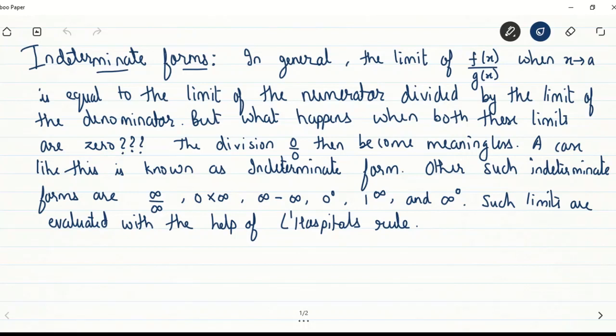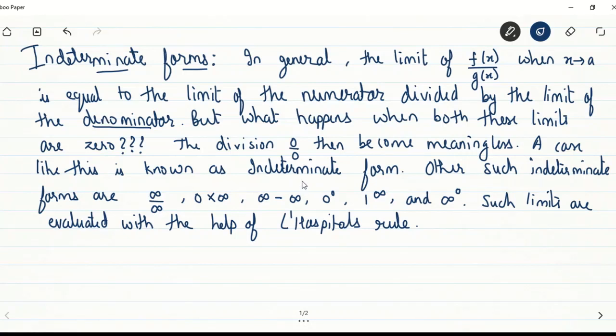In general, if we have the limit of the form f of x upon g of x when x tends to a, then this limit is equal to the limit of the numerator divided by the limit of the denominator. So we can find this limit by taking separate limits of the numerator and the denominator. But what will happen if both the limits are going to be 0?